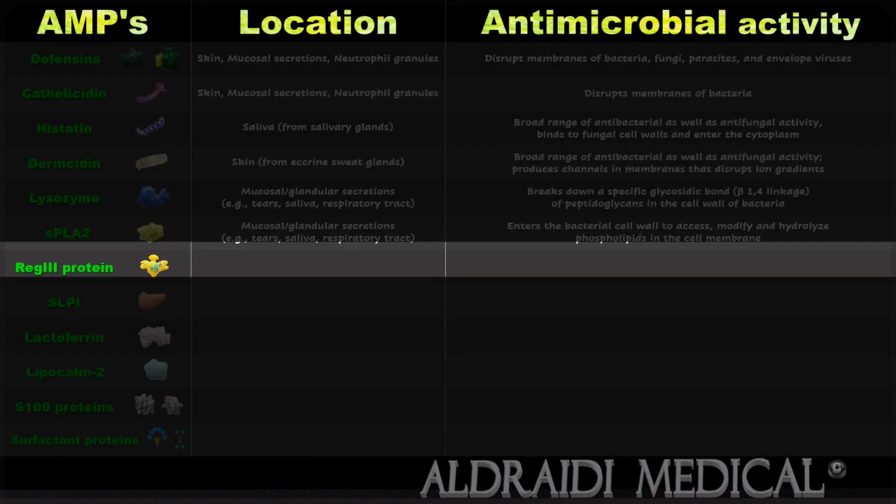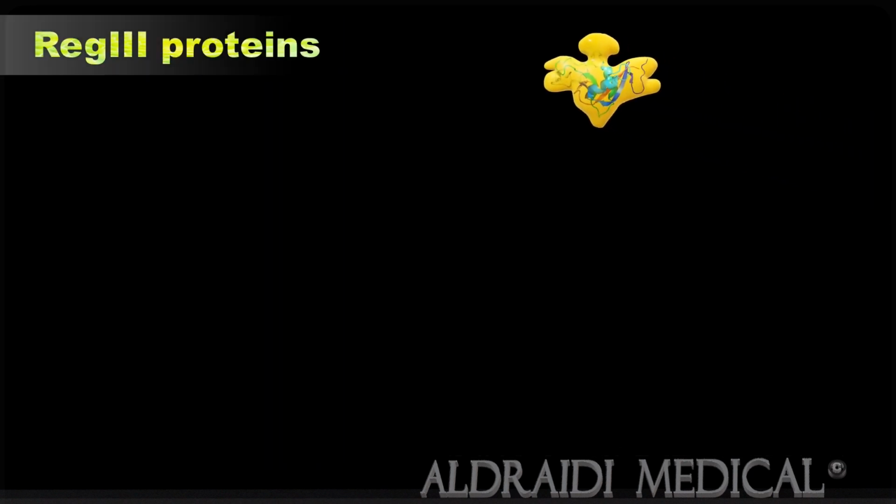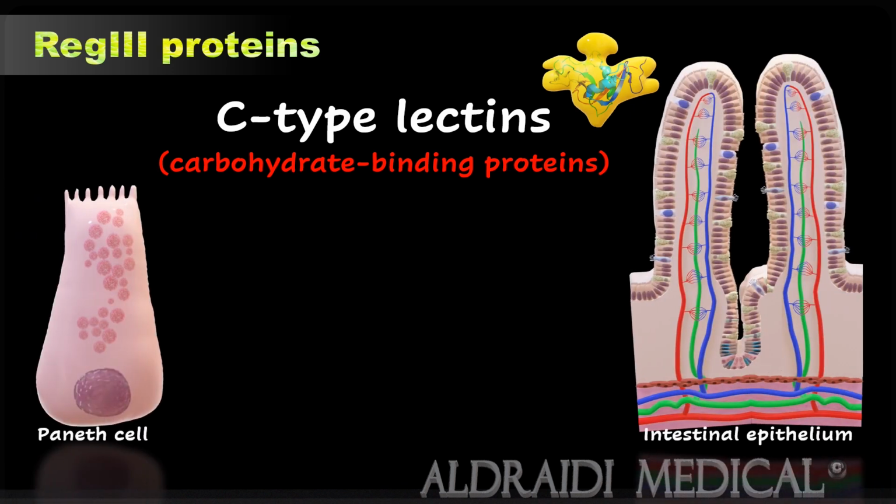Next, we have the RegIII family of proteins. RegIII proteins are C-type lectins, which are carbohydrate-binding proteins that require calcium for binding. RegIII proteins are secreted by Paneth cells and other epithelial cells of the intestine.